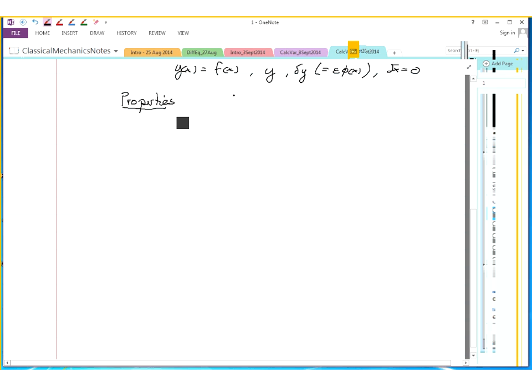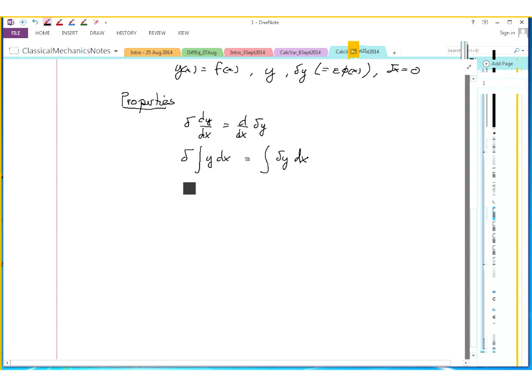One property is the commutation with the derivative, so we found that delta of dy by dx is the same as d by dx of delta y. Similarly, we found that delta of the integral y dx is the same as the integral of delta y dx.